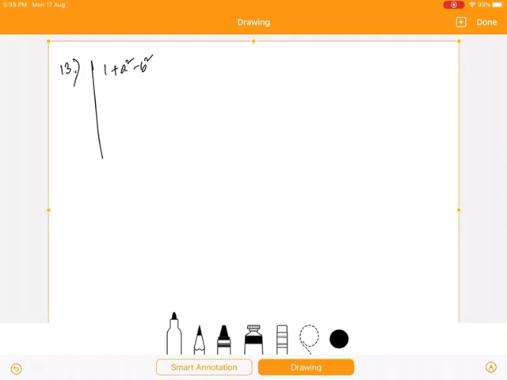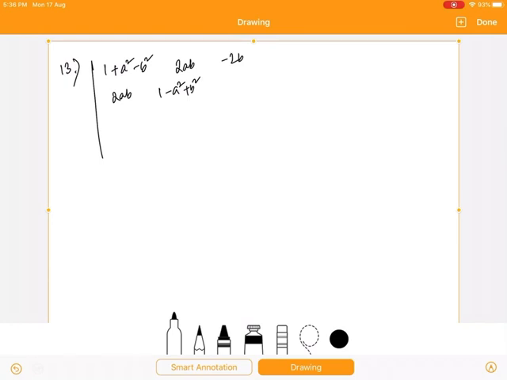This one, tell me fast. 2ab, minus 2b, 2ab, 1 minus a square plus b square. Wait. 1 minus a square plus b square.